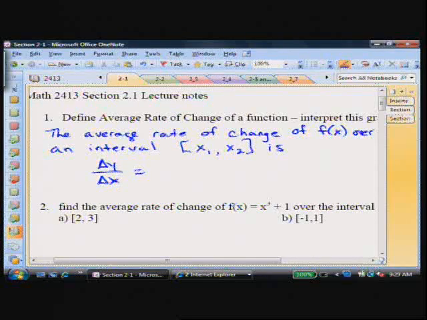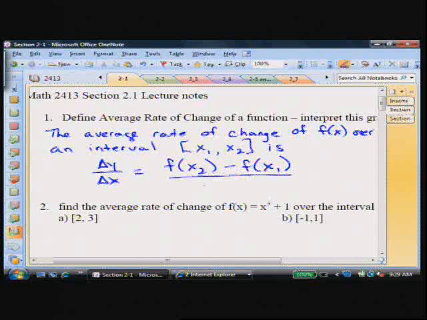Well, if our function is f of x, the y coordinate at x2 would be f of x sub 2. Okay, so it's just notation, but whatever this x sub 2 is, you would plug it into the function and you would get the corresponding y value. So this is f of x sub 2 minus f of x sub 1. And we're going to divide that by the length of the interval or the change in x. So this is going to be x sub 2 minus x sub 1.